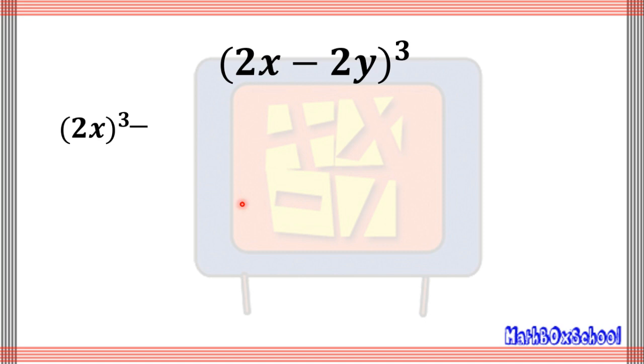Cube of the first term. So, minus, since this is minus po, minus 3 times the square of the first term.